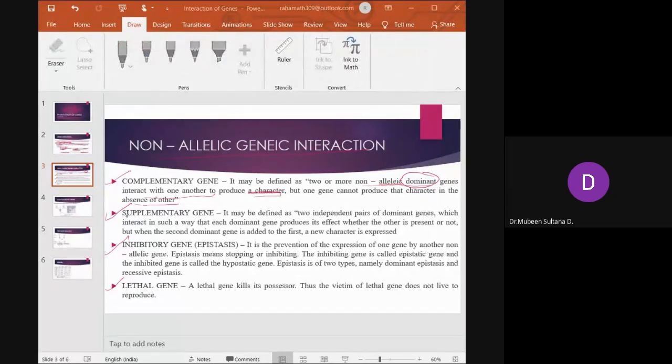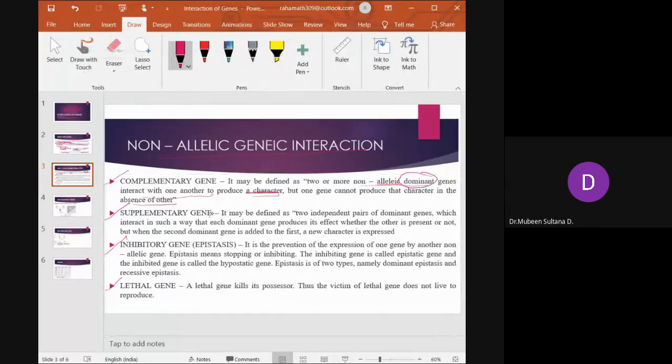Then the second one is supplementary gene. It can be defined as two independent pairs of dominant genes. Here it is two non-allelic genes which interact in such a way that each dominant gene produces its effect whether the other one is present or not, because both are dominant, right?